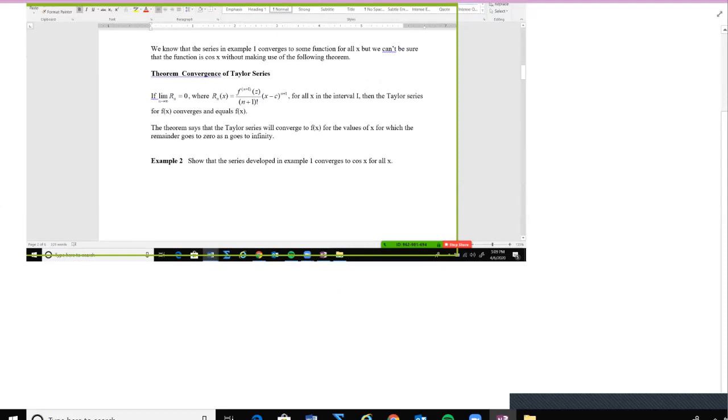So let's see if we've got enough room here. Maybe we have to use another page. Okay, let's add a page. What we have to do is take this remainder term and put a bound on it.